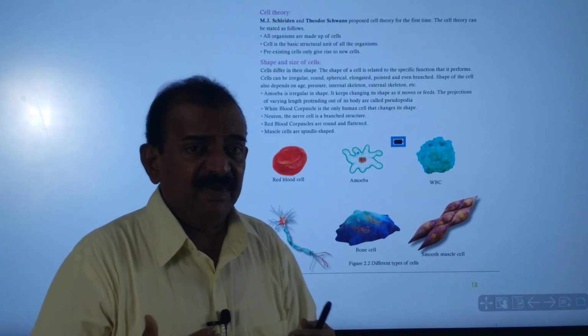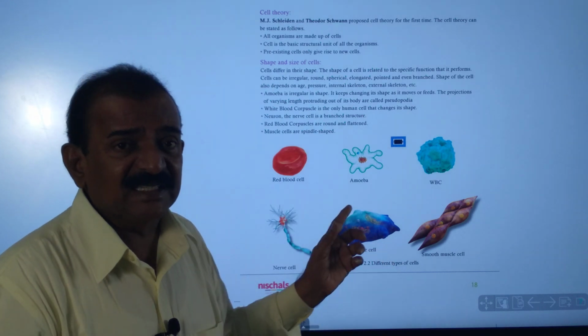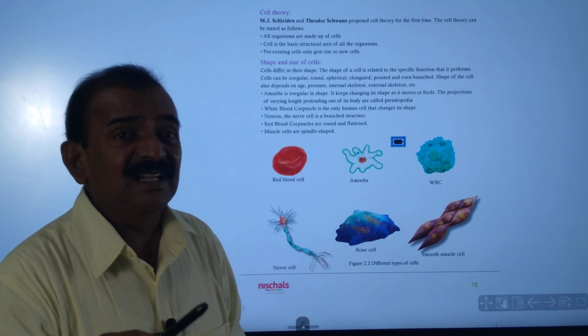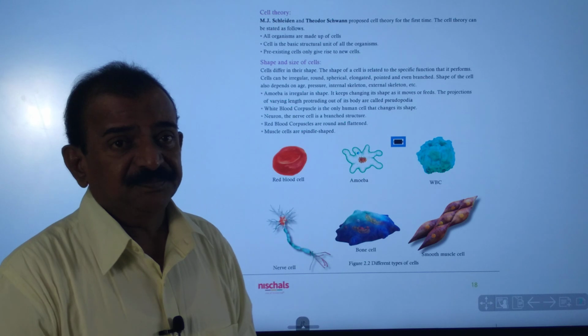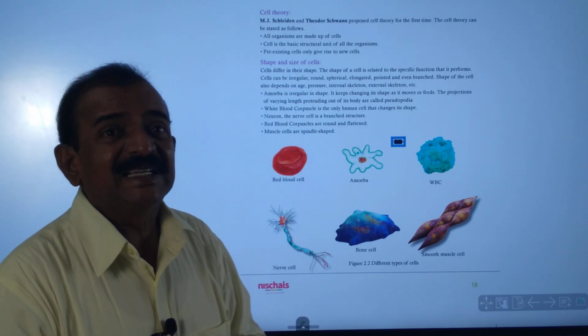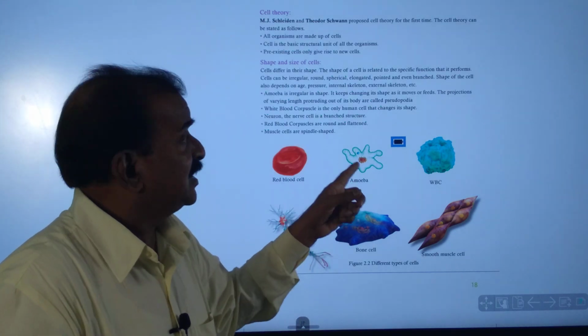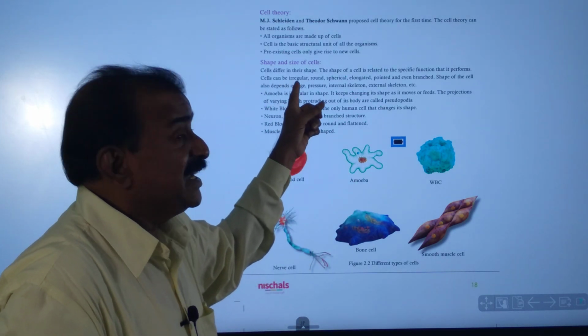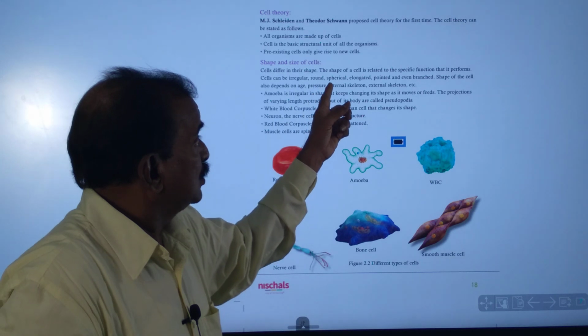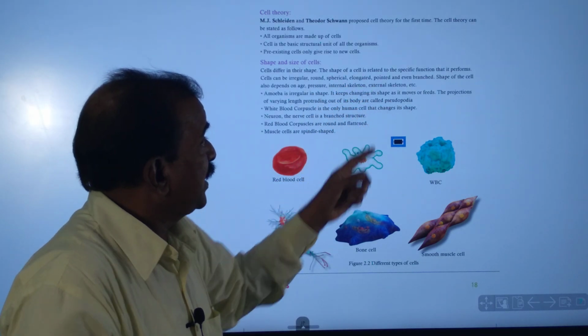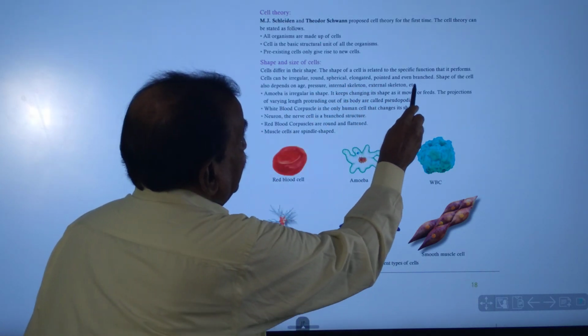Many organs have cells, and these cells are of different shapes. Some cells are circular, some irregular, some branched, and some round. Cells can be irregular, round, spherical, elongated, pointed, and even branched.